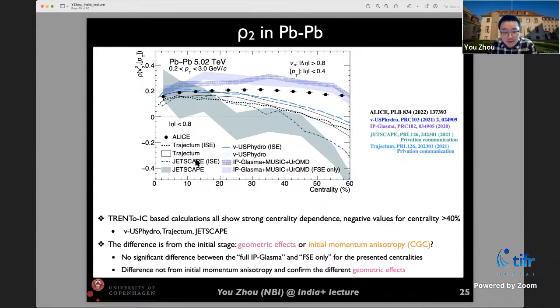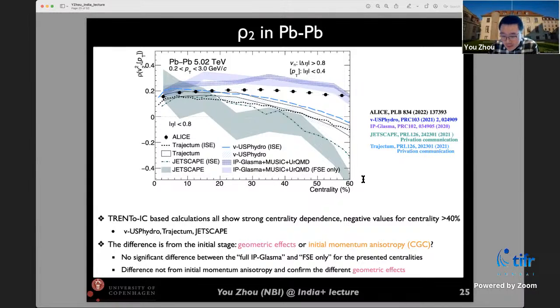While all the rest of the calculations using Trajectum, JETSCAPE, VUSBHydro, those are hydrodynamic model calculations from the Bayesian analysis, and they are all using the initial state model from TRENTo. And you can find they all show a very strong centrality dependence, especially if you look at JETSCAPE, right? It shows a dramatic decreasing trend from central to peripheral collisions, and they even change sign to negative for centrality above maybe 20 to 30%. And this clearly deviates from the ALICE data.